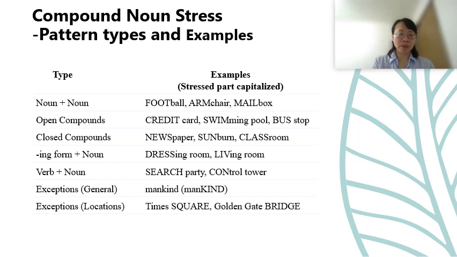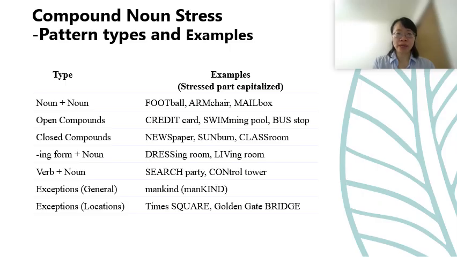For example, we have noun plus noun, and we also have open compound nouns and closed compound nouns. When we say noun plus noun, these are literally two nouns. For example, football, credit card, and newspaper. Those are all the noun plus noun type.